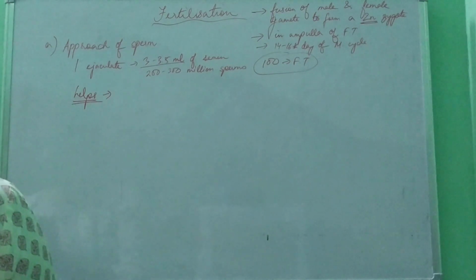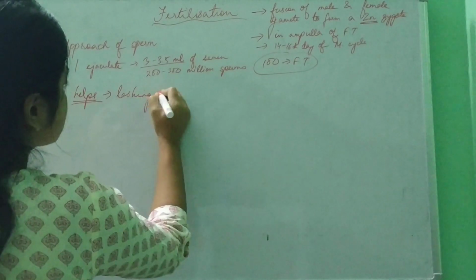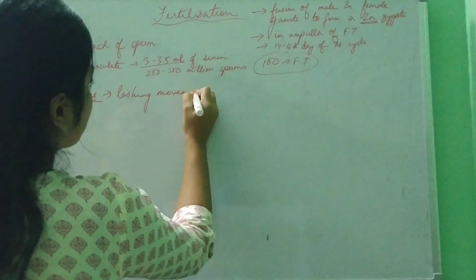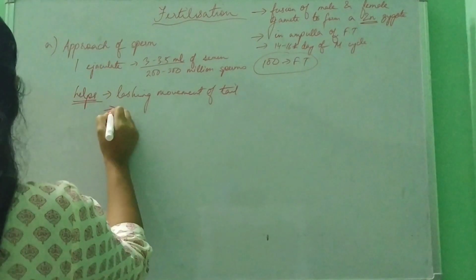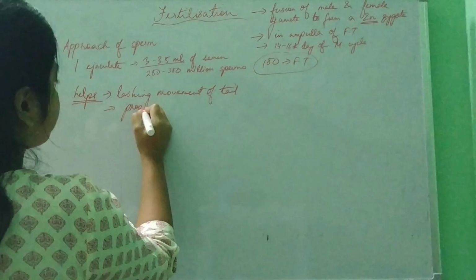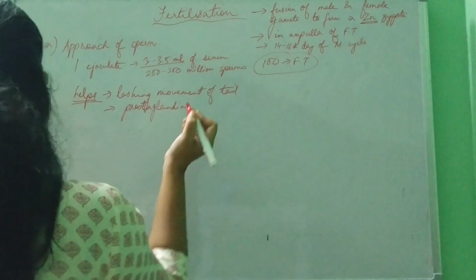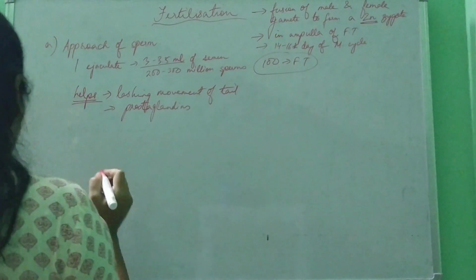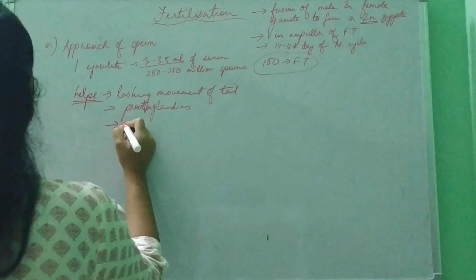So what helps the path of sperms? First is the lashing movement of the tail of the sperm. Then the prostaglandins. These are responsible for the movement of the sperm from the vagina upwards, up to the reproductive tract.